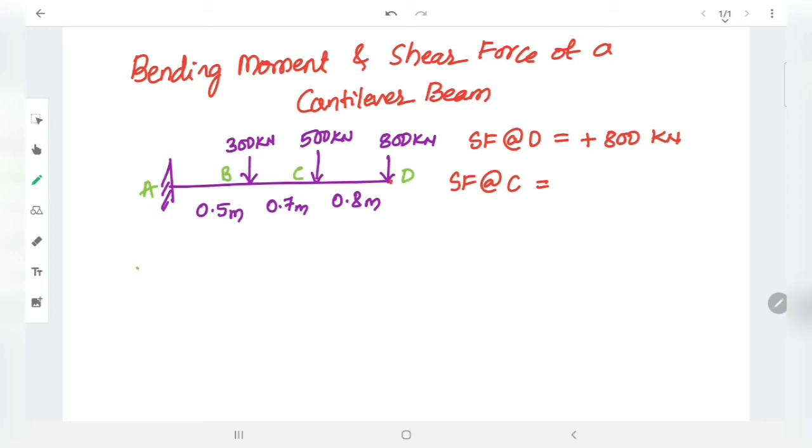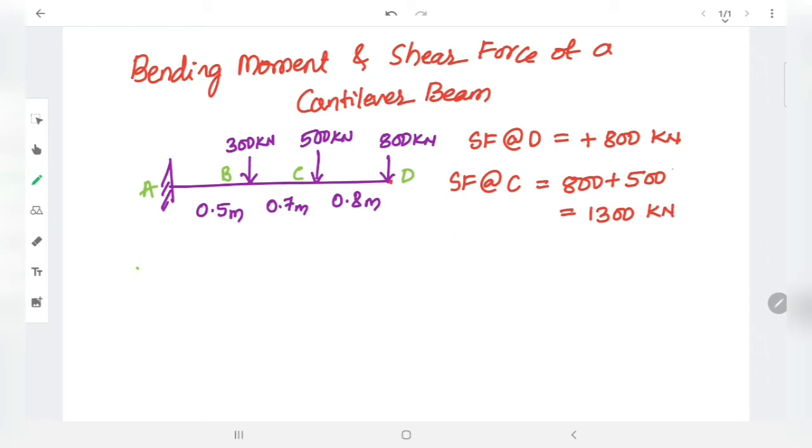One is 800 kilonewton plus 500 kilonewton. Together we will be getting a shear force of 1300 kilonewton which is acting.